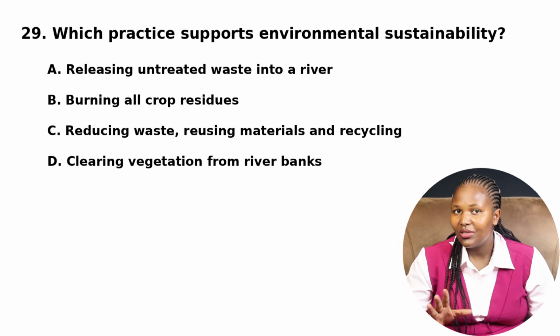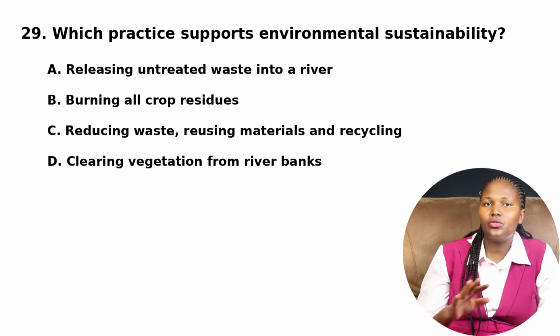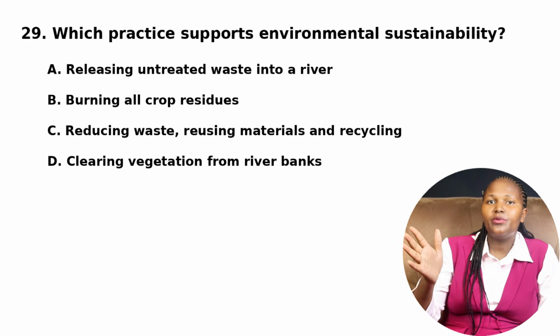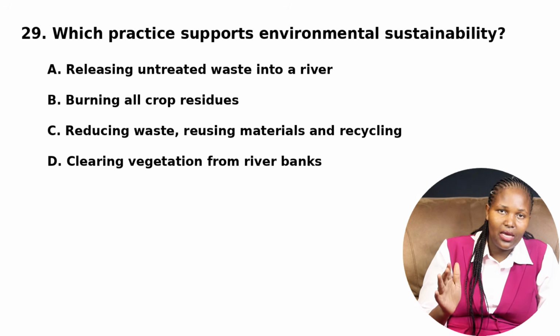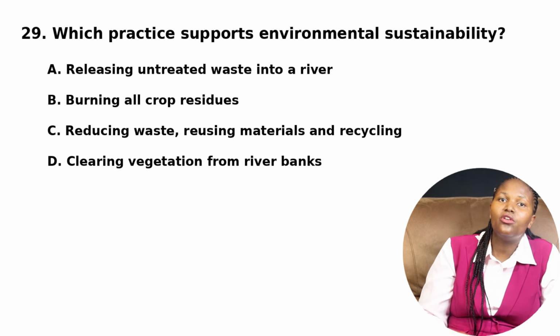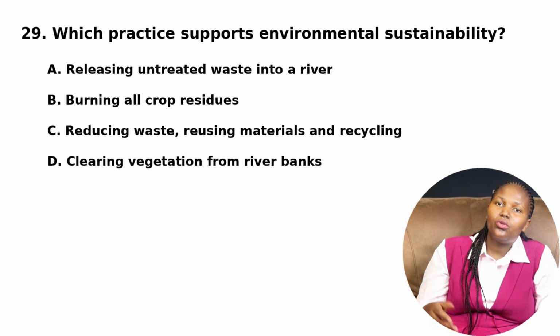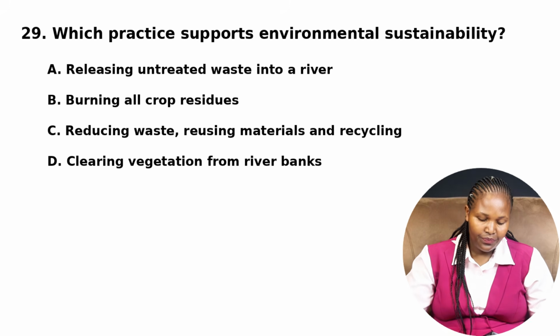I know this looks like it is good, but that should not be done. Why? Because that vegetation is protecting the riverbanks against erosion. So they should be left there and not cleared. If you clear it, that may lead to soil erosion, which is not good for the environment.